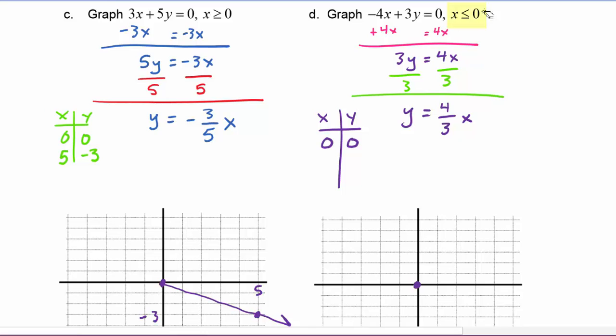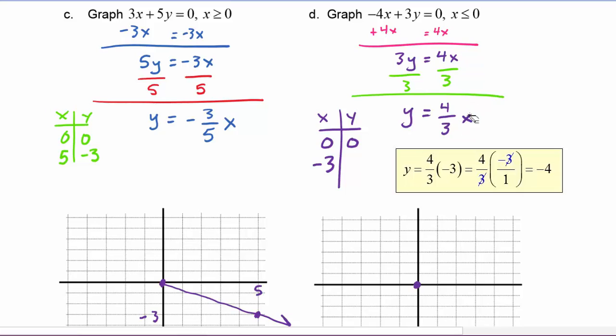But we have to pick x values that are negative. So we can't pick positive 3 this time. We're going to have to pick negative 3. If we put negative 3 in for x, that will cancel with the 3. We're left with a negative 1 times 4, which is negative 4.